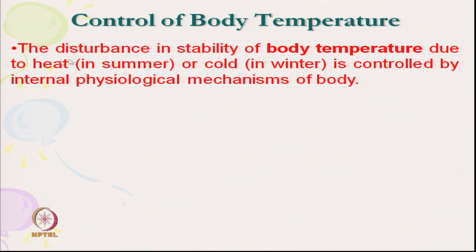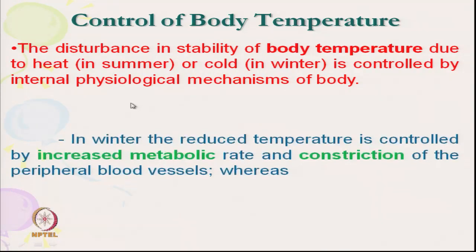The disturbance in stability of body temperature due to extreme heat in summer or cold in winter is controlled by the internal physiological mechanism of the body. So, body internal physiology maintains the body temperature. Although the skin temperatures are different, the body temperature is controlled. So, how is it controlled?